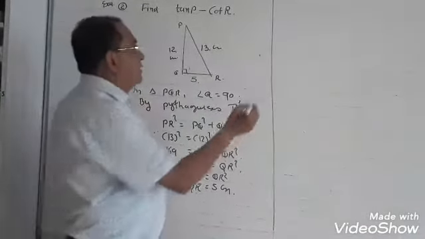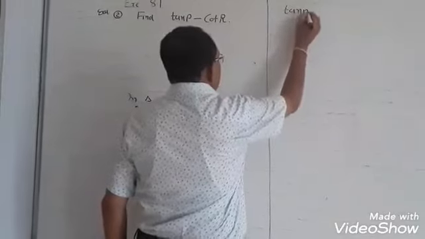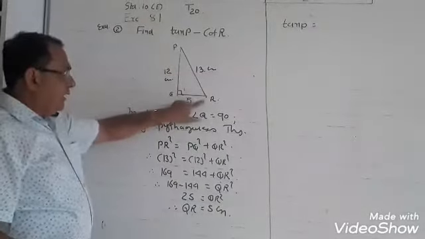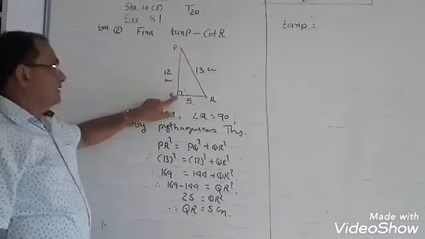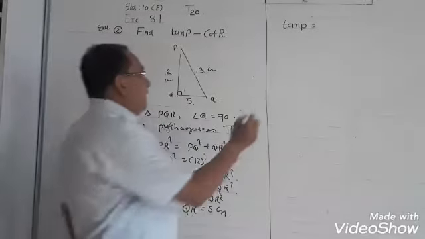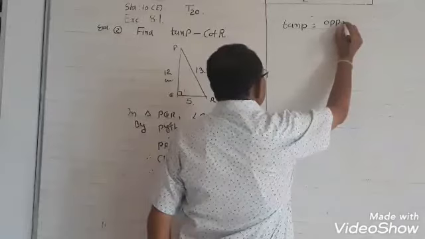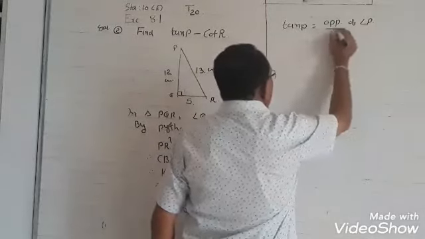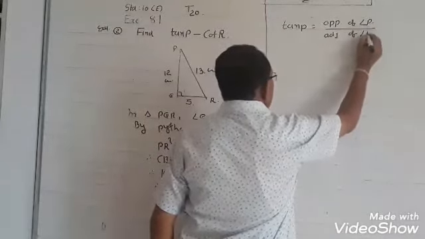Then tangent of P. With reference to P, QR is the opposite side and PQ is your adjacent side. Tangent of P is opposite side of angle P upon adjacent side.